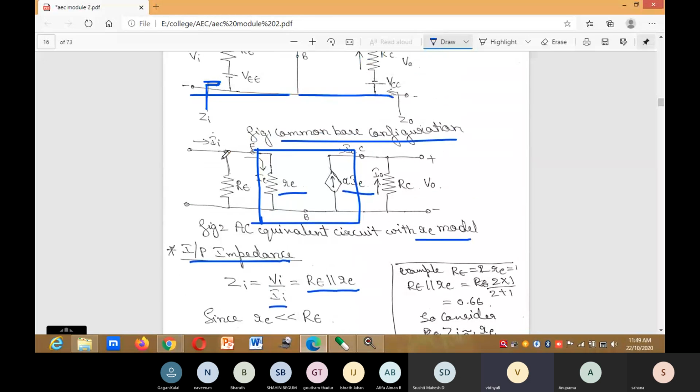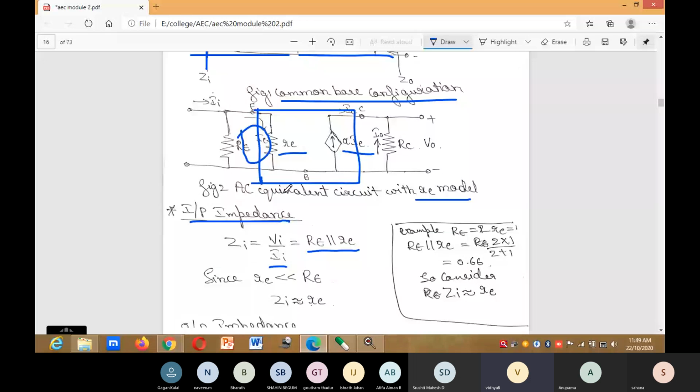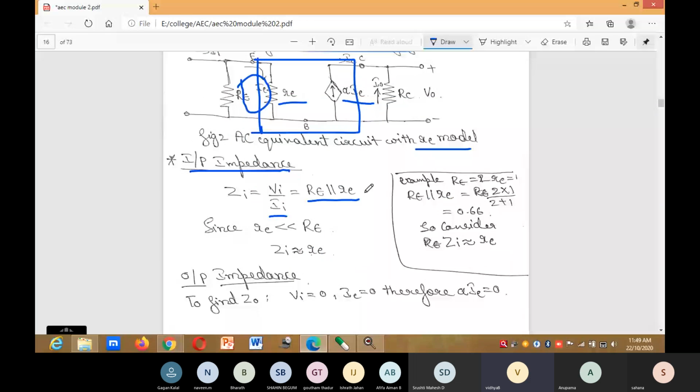We will make the source short circuit and only two resistances will be there. These two resistances are in parallel, so Zi is equal to capital RE parallel with small re. Since re is less than capital RE, Zi equals re.